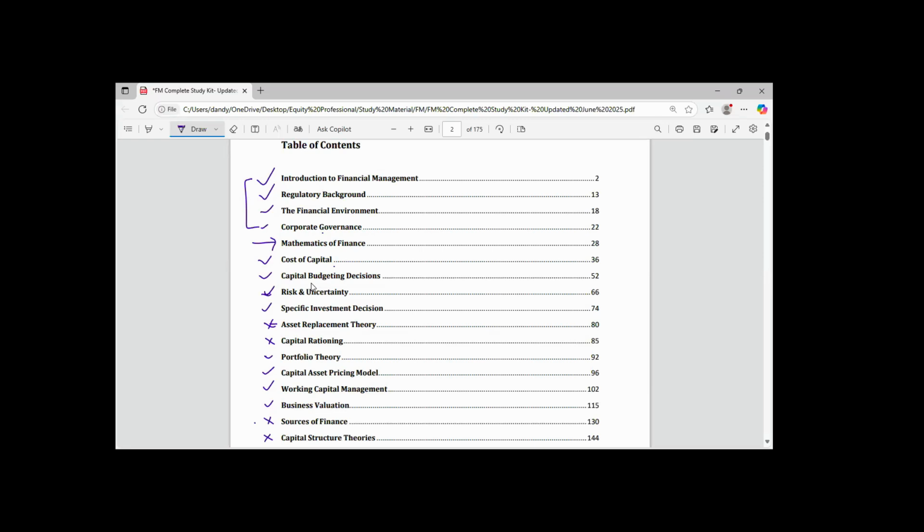One thing I can assure you is that as far as Equity Professional is concerned, we are going to do justice to the syllabus across all subjects because we have the capacity, the exposure, and the experience. All right? So you have nothing to fear. The onus is on you to take your study very seriously.